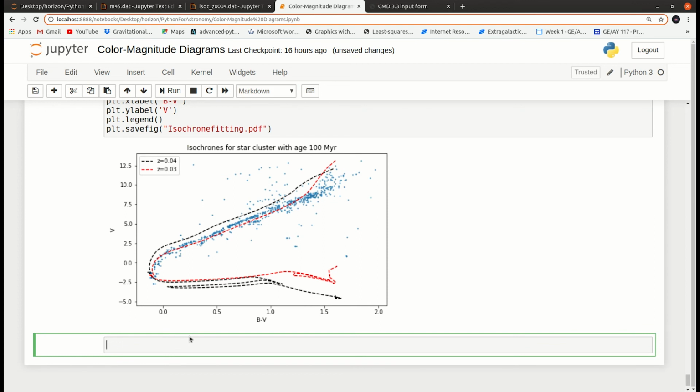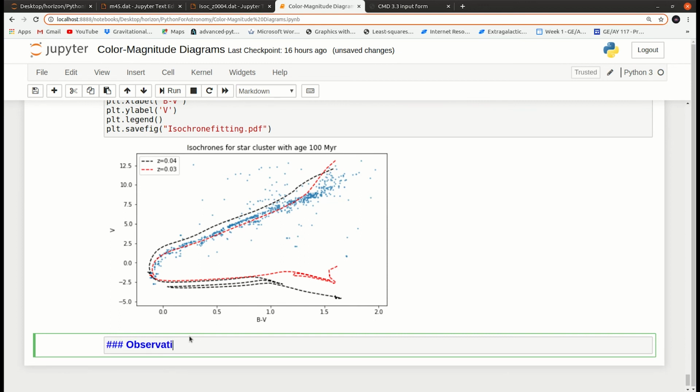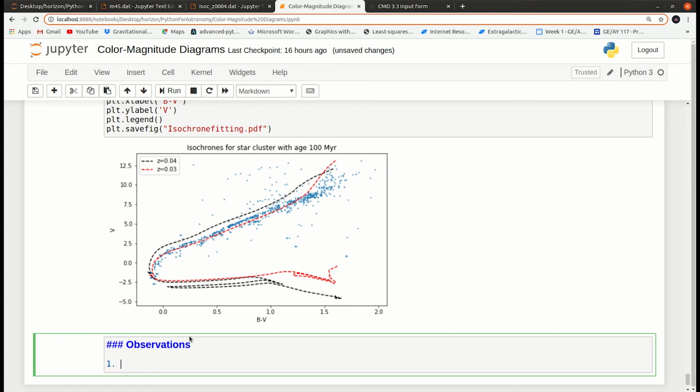So I can note the observations. The first observation is that the metallicity, which is indicated by this guy Fe by H, let's say it's around 0.03. I'm keeping bounds, and 0.04.